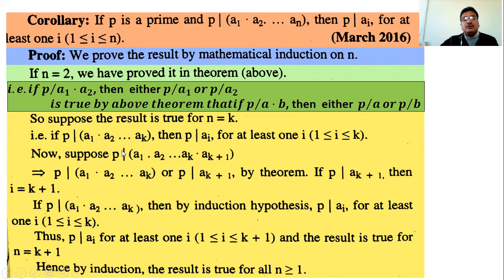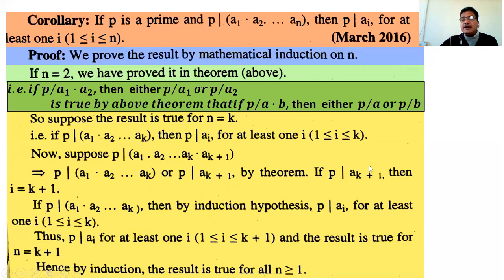Then p divides a into b, and therefore by the above theorem p divides either a1 into a2 into ak, or p divides ak plus 1. That is the theorem: if p divides ab, then either p divides a or p divides b.